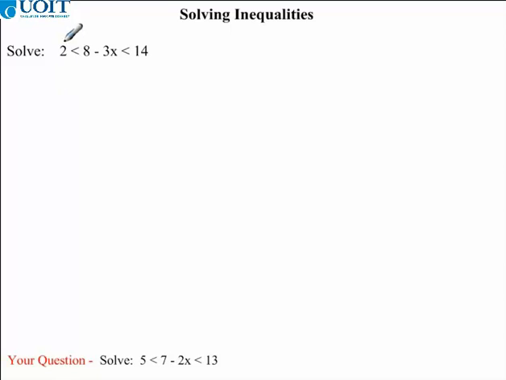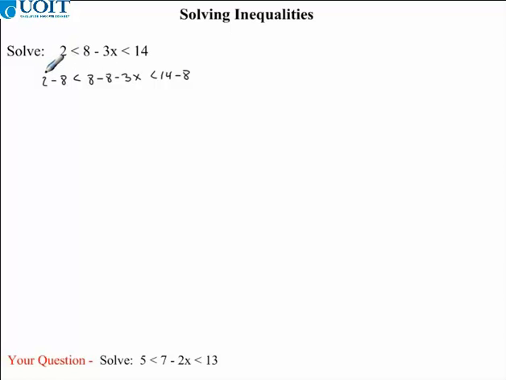So starting with the left-hand side, we will have 2 minus 8 is less than, now we're subtracting 8 from the middle term, 8 minus 8 minus 3x is less than, and now we will have 14 minus 8. So we just subtracted 8 on all sides of the inequality symbols.